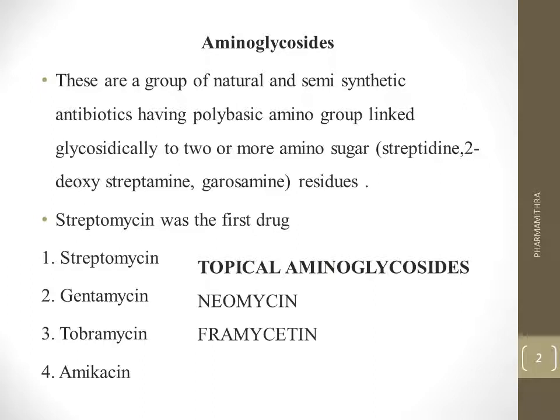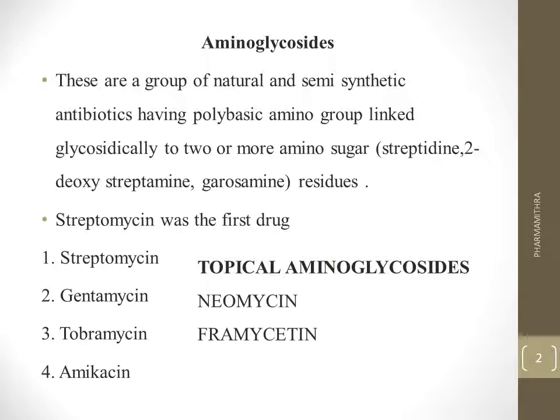First of all, aminoglycosides. These are a group of natural and semi-synthetic antibiotics. The structure is a polybasic amino group linked glycosidically with two or more amino sugars like streptidine, 2-deoxystreptamine, garosamine residues.